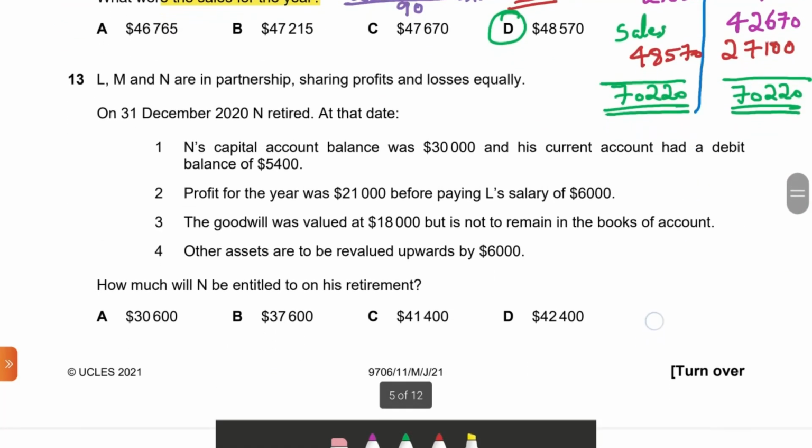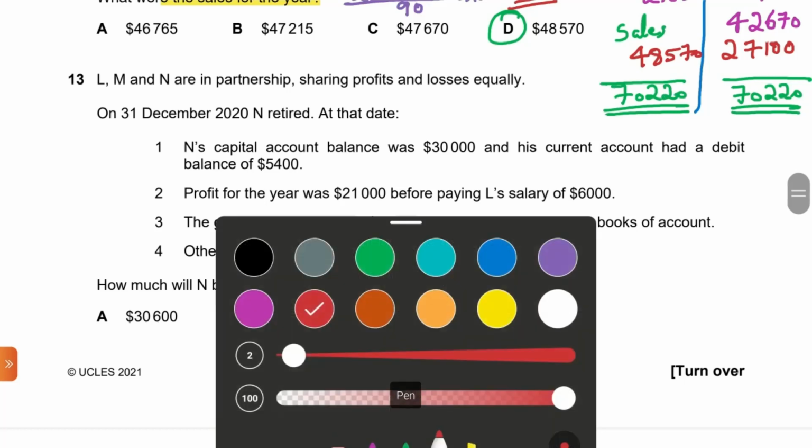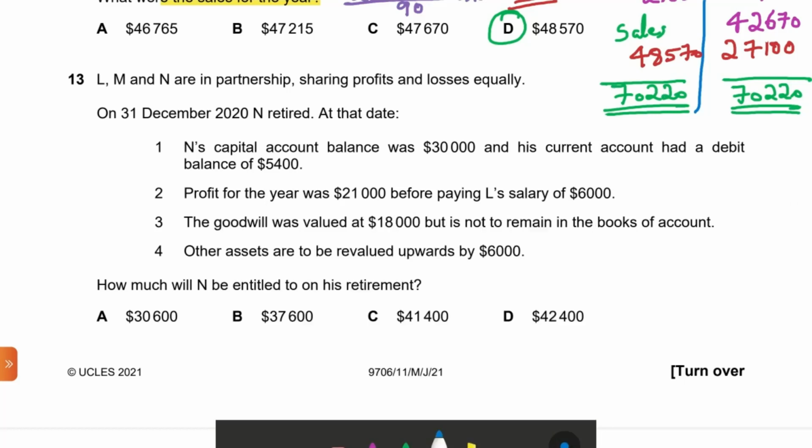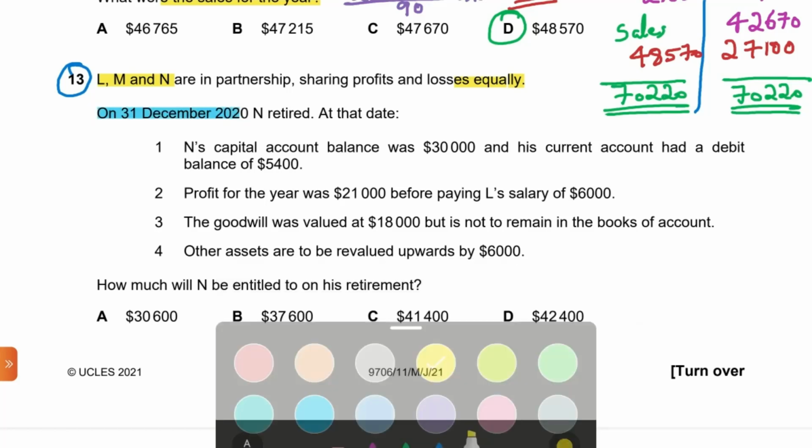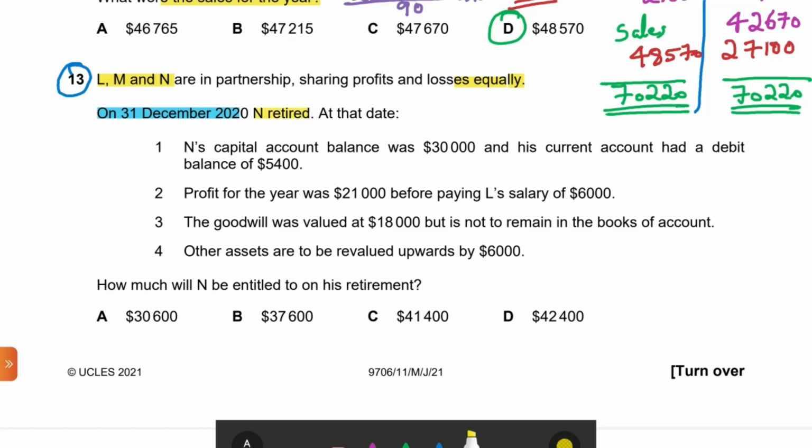Next, question number 13. L, M and N are in partnership, sharing profits and losses equally. The ratio is 1:1:1. On 31st December 2020, N retired.